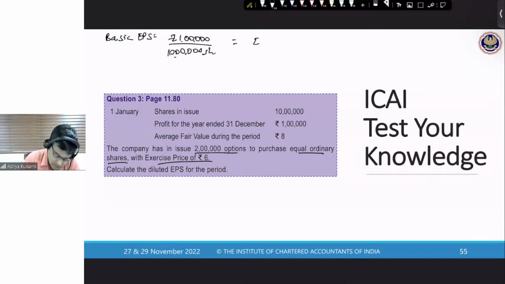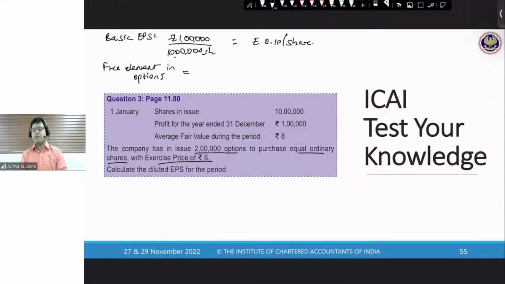So this is 10 paise, 0.1 per share. Now we calculate the free element in options. How do we calculate that?